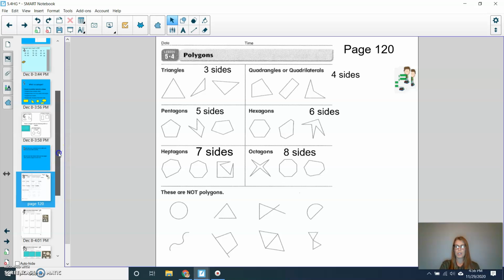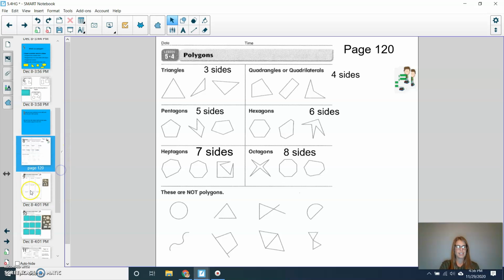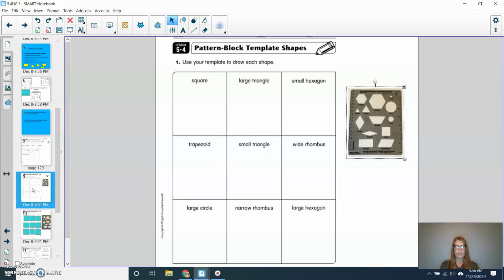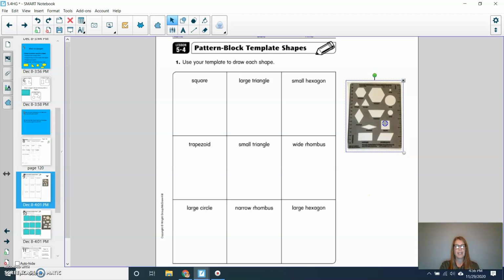We're going to talk more about polygons in future lessons, but the last thing we'll do before math boxes is we're going to use that 5.4 pattern block template sheet. What I'd like you to do is use your template to trace each of these shapes. I'll read the name of the shape to you, and then I'm going to ask that you press pause to draw them, and then play when you're ready to check.